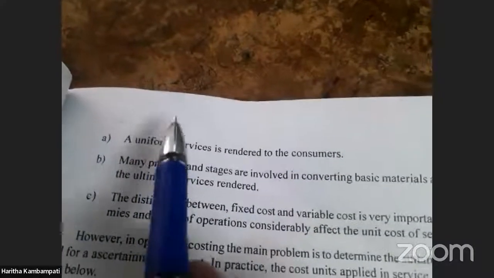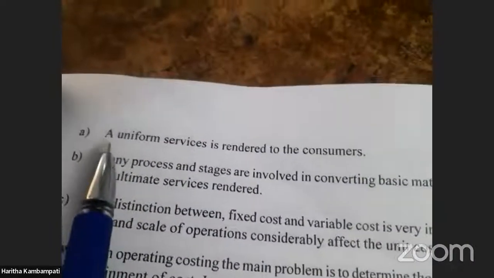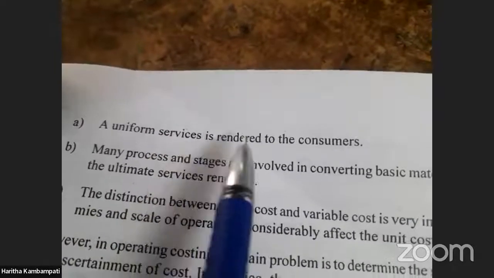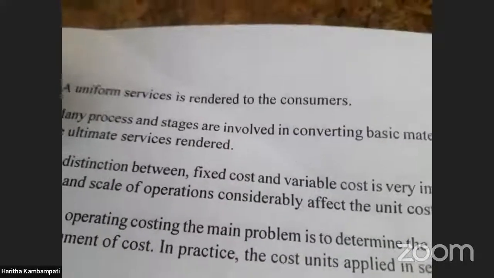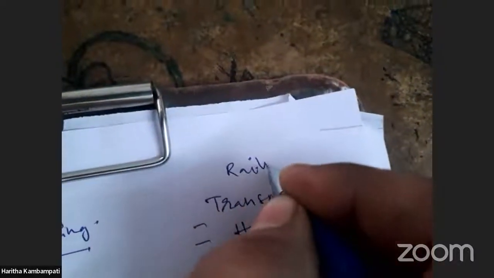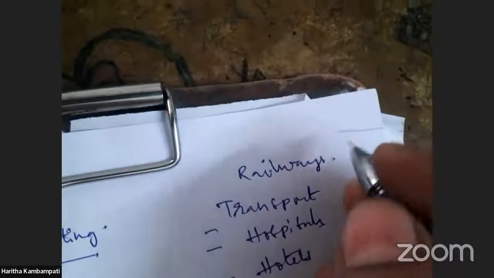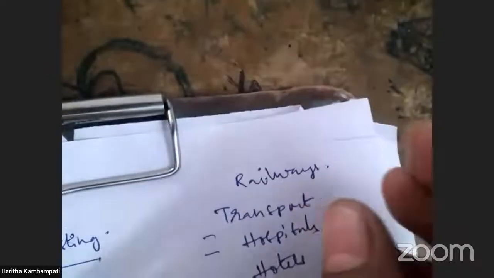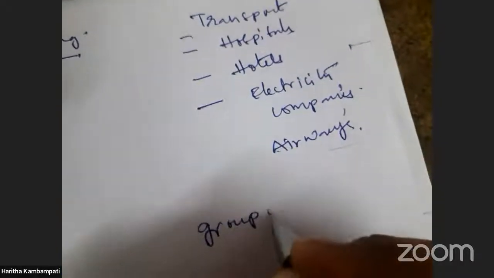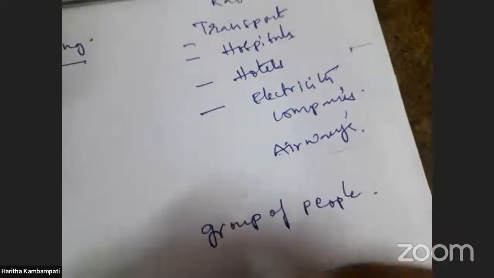First, let us see the features or characteristics of this operating costing. Here, uniform services are rendered to the customers. If you take railways, uniform services means they provide various services, but under one service, a group of people will be availing a particular service.